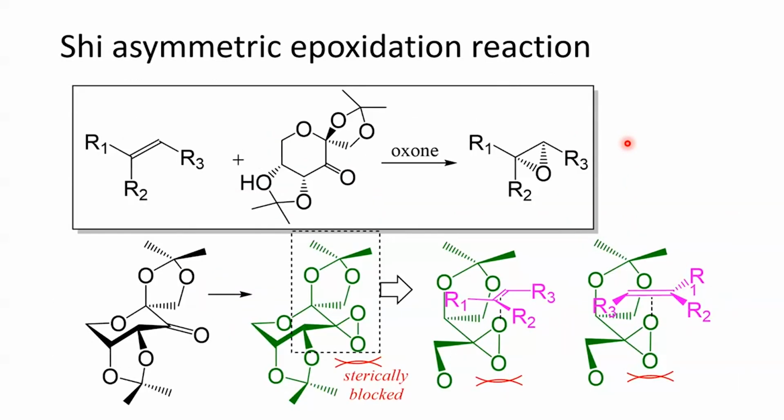And that brings us to the Shi asymmetric epoxidation reaction. Ooh, stray hydrogen, ignore that. That shouldn't be there. But the crux of the reaction is, if we have a substrate like so, a protected sugar molecule, and ozone, we can epoxidize our substrate in a stereoselective manner. It works by taking this protected sugar molecule, adding ozone to convert the ketone group into an epoxide.